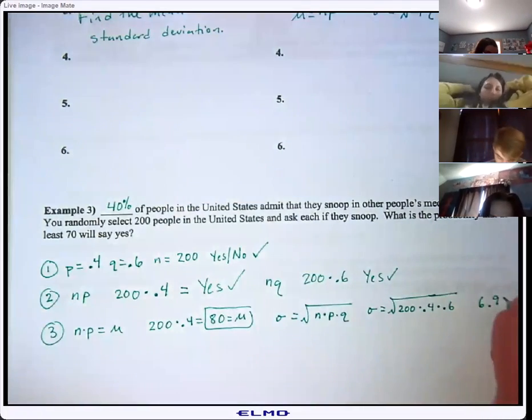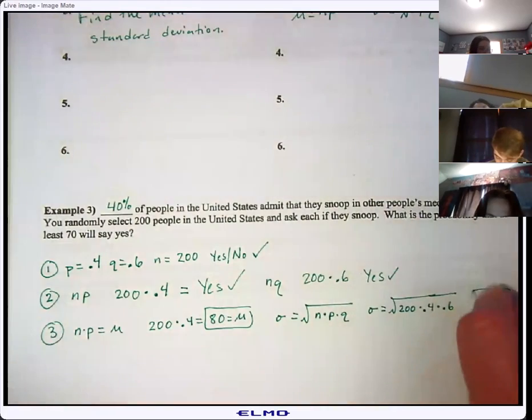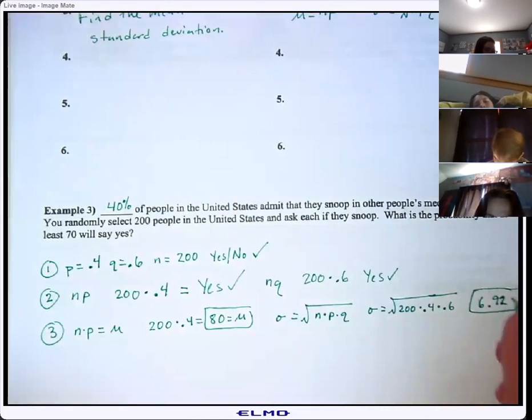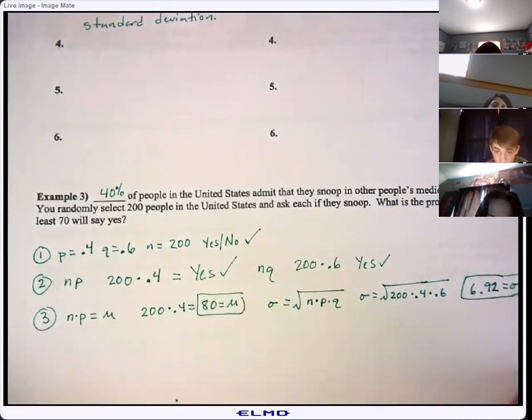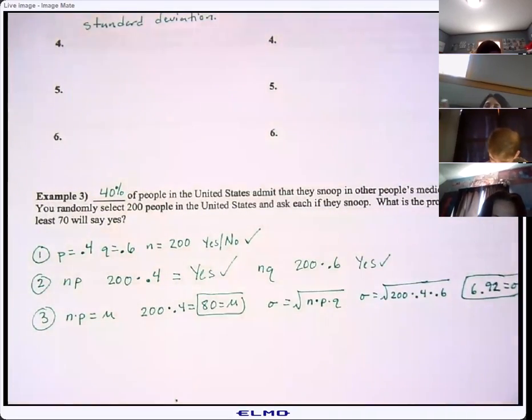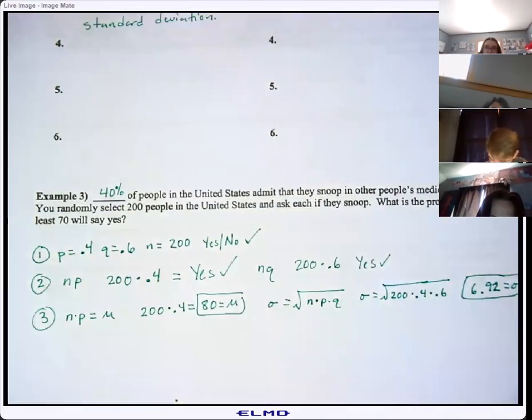Anybody online confirm that the square root of 200 times 0.4 times 0.6 is about 6.92?